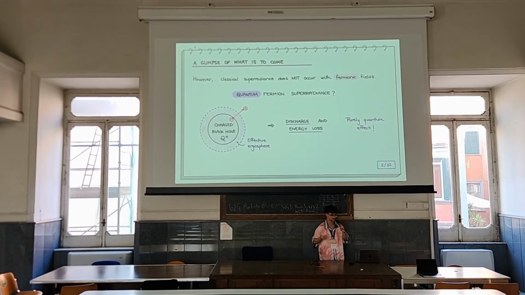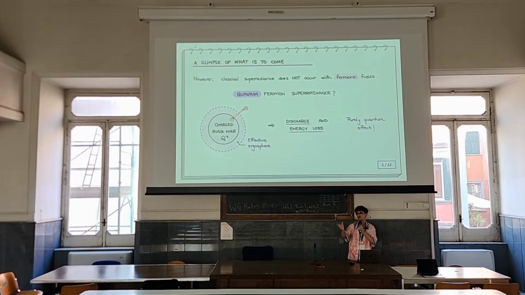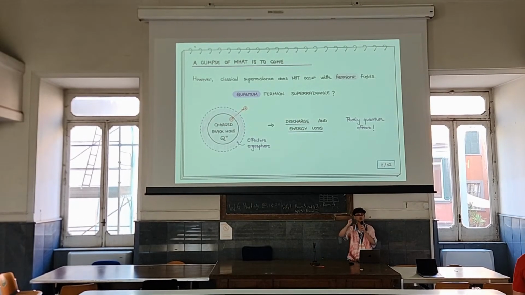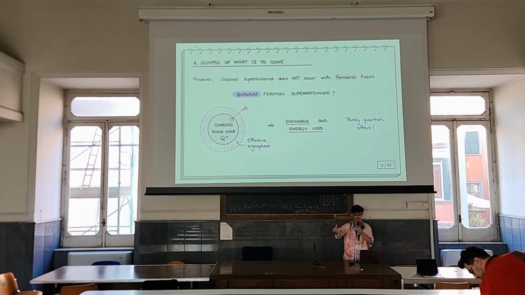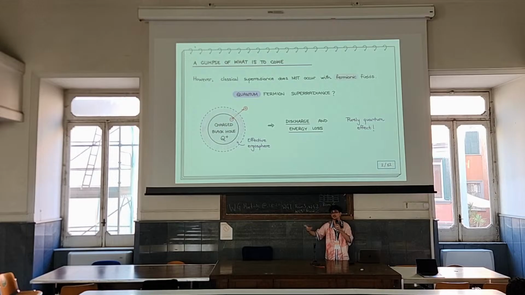What we are going to prove in this talk is that close to the event horizon of a charged black hole, there will be a spontaneous creation of particles that will lead to the discharge and the energy loss of the black hole in a similar way as in a classical superradiance phenomenon. But everything here would be a purely quantum effect. So this is just a brief summary full of spoilers. Now let's get into the details.